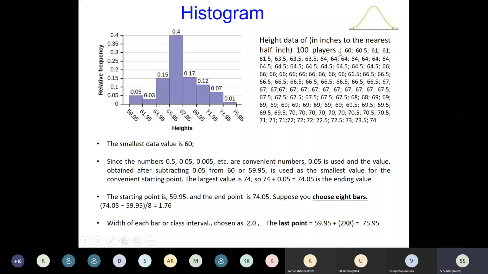If I take 59 to 61.95, you see how many data I can cover in this range: 60, 60.5, 61, 61.5, up to this. So 5 data points I can include here. Again, in between 61.95, I can take some average here, and say it is okay.